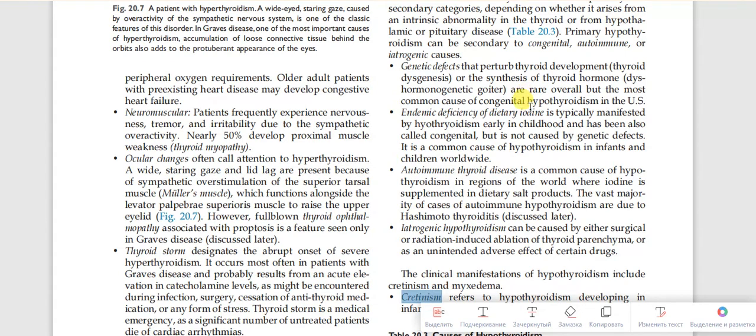The endemic deficiency of dietary iodine is very typical. For example, in our country, in mountain regions, and it is especially present in the center of the largest continent of the world. Of course, iodine cannot reach this area.